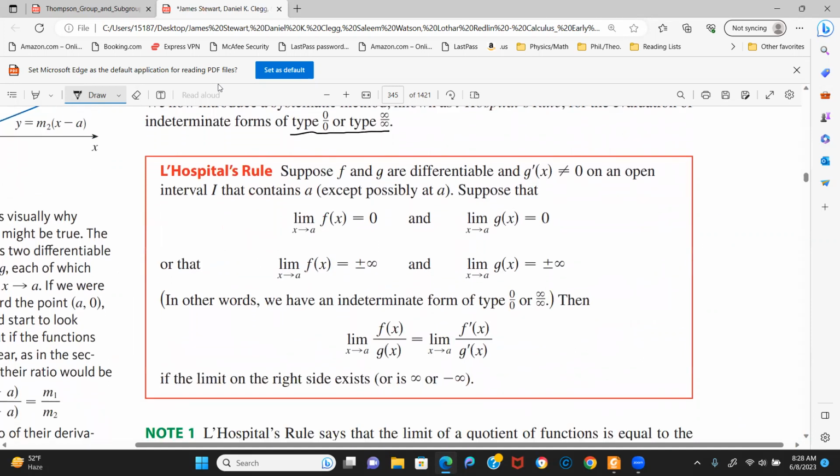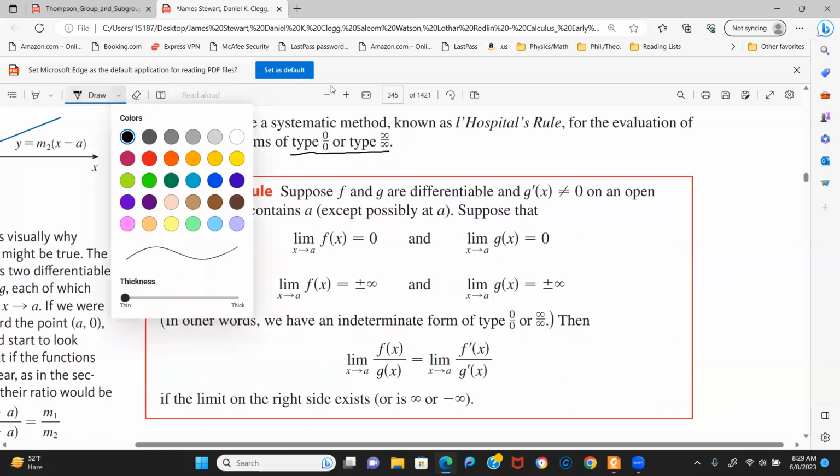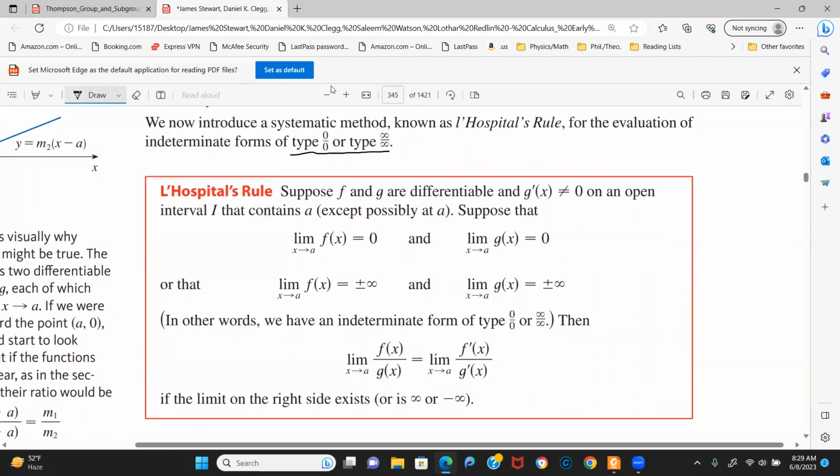This rule is going to look kind of complicated at first, but it's not as bad as it seems initially once you've read it a few times. So let's just read through it together.